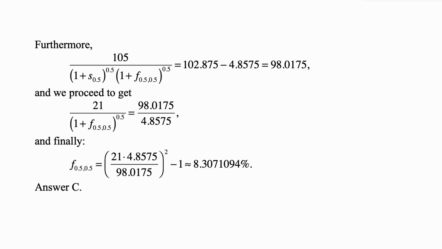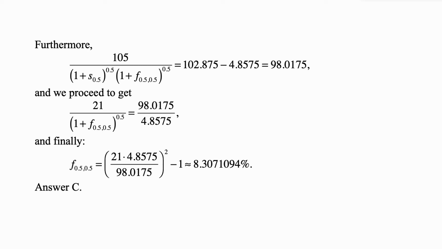And given that we found S.5, we can plug that value in and get that 21 over (1 plus F.5,0.5) to the power 0.5 is equal to 98.0175 divided by 4.8575.